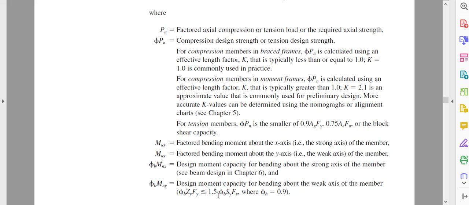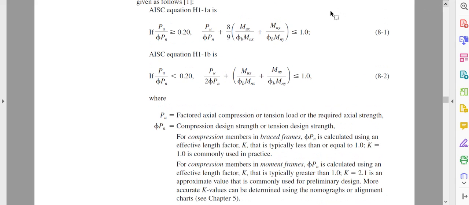So in the recent edition of this book, it is 1.6. So you learn how to find the capacity of the column about the y-axis, and the capacity about the x-axis after chapter 6.